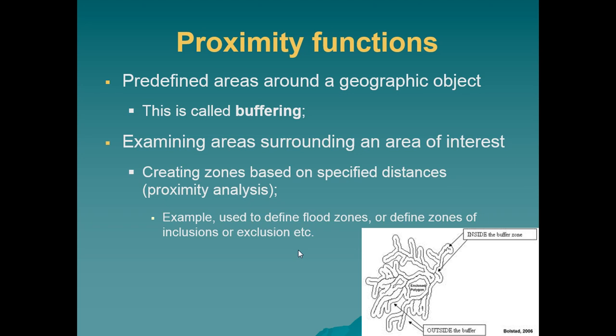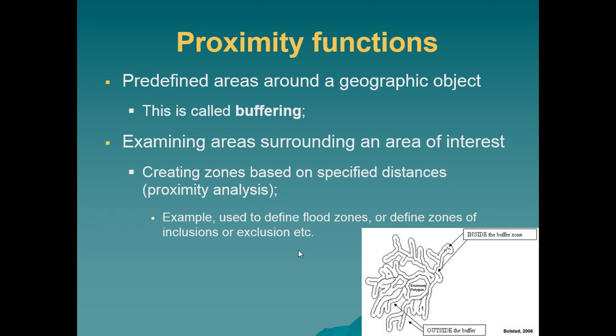Because let's say you are a planner and you want to manage development, you would want to ensure that no one goes inside that boundary that you've just created your buffer for in order to carry out any activities. So that would be an exclusion zone.